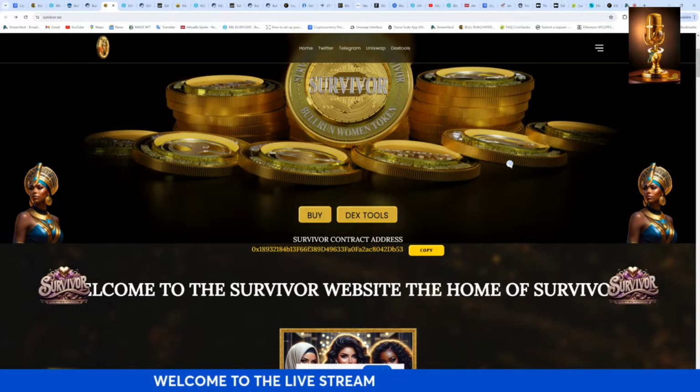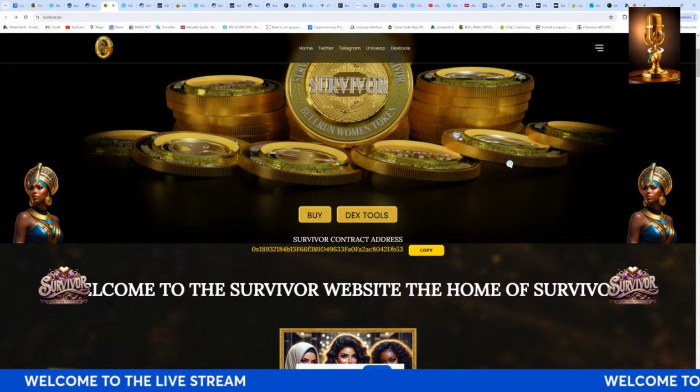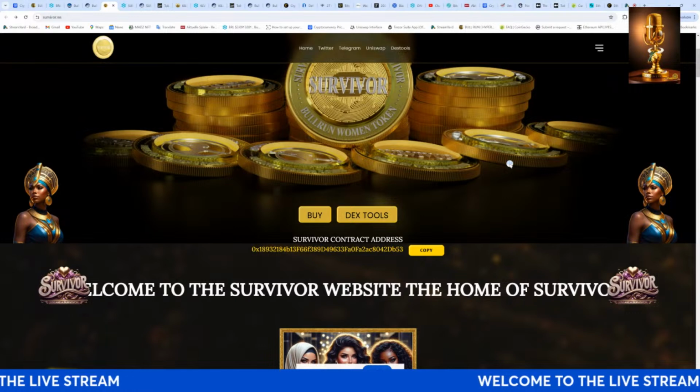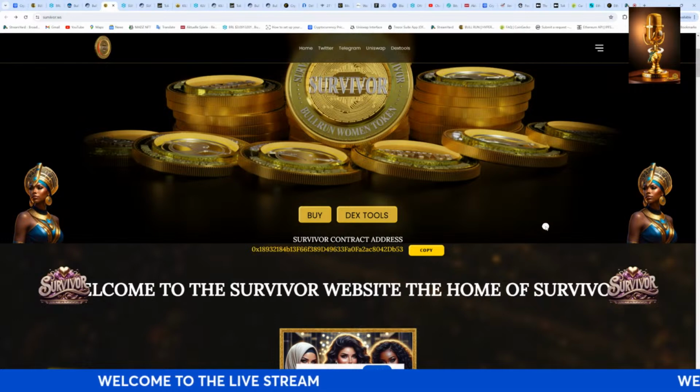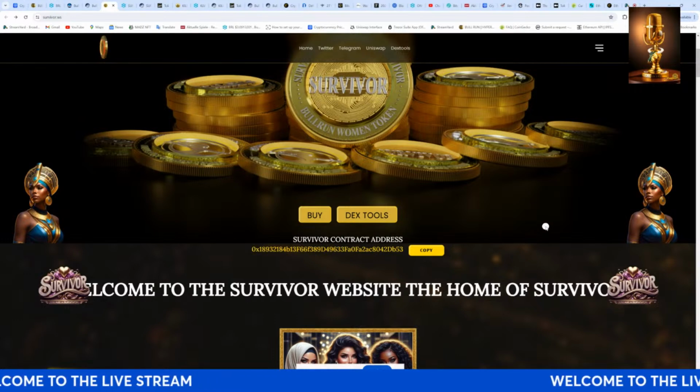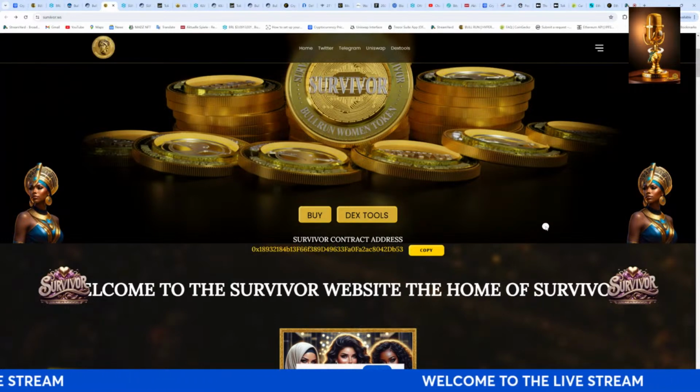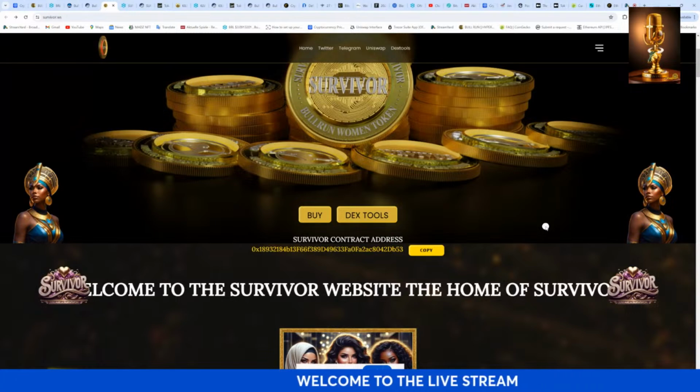And most importantly, there are so many rug pull scams out there, and we want to shield and protect our community members by developing our own in-house community tokens. This Survivor token is dedicated to the women in this space that are underrepresented in the crypto industry.